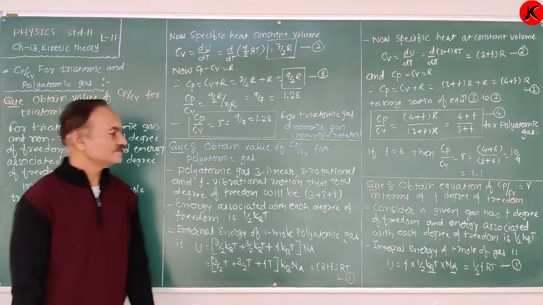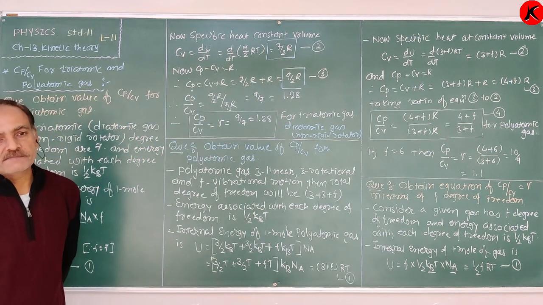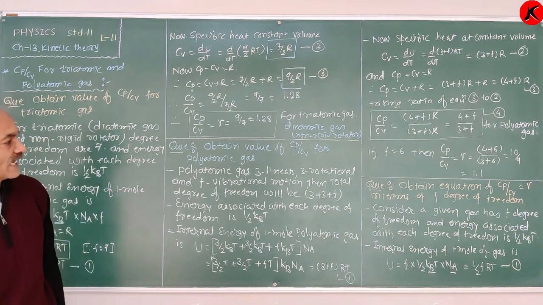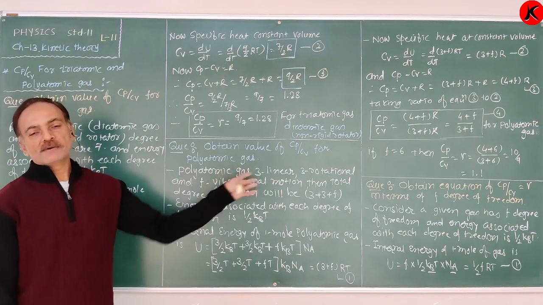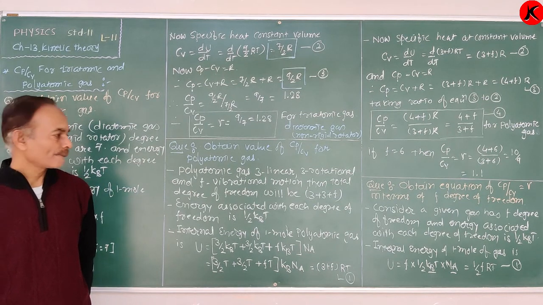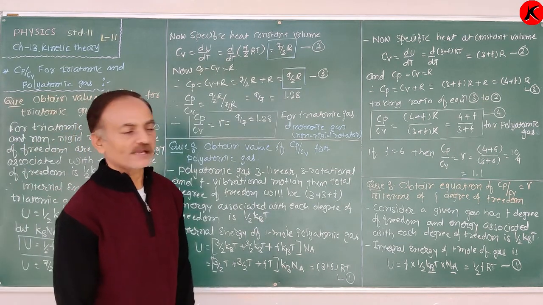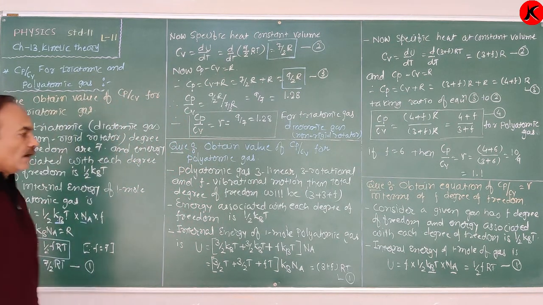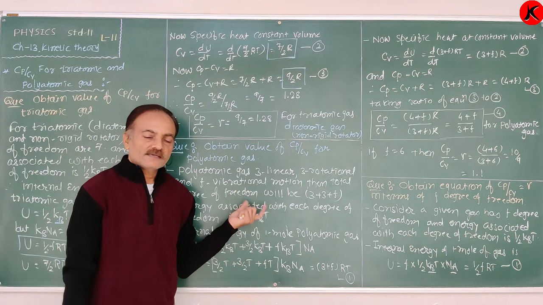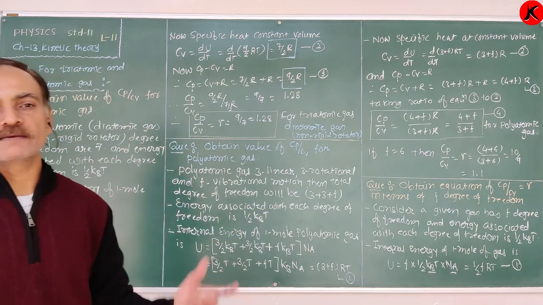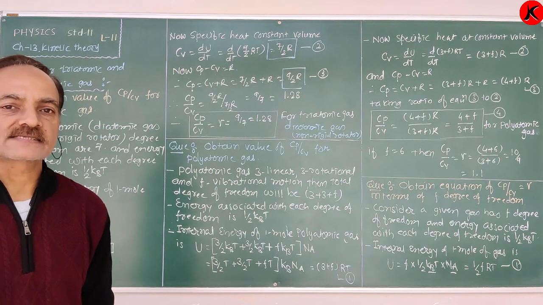Now next, obtain the value of Cp upon Cv for polyatomic gas. Polyatomic gas means that a number of atoms form one molecule. At that time, how can we obtain the ratio of Cp upon Cv? First we have to know how many degrees of freedom are possessed by the molecule of polyatomic gas.